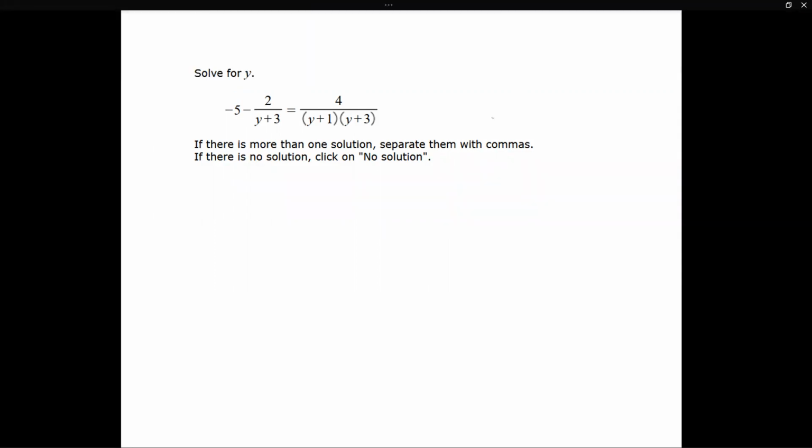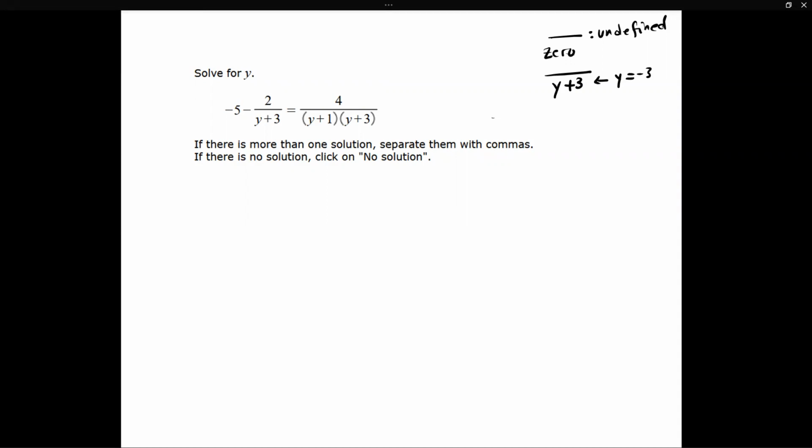Before we start, division by zero is undefined. So this is something we need to always avoid, and to avoid that, we need to find out what makes the denominator zero. If you look at this y plus 3, if you set it to 0, y equal negative 3 would make it undefined.